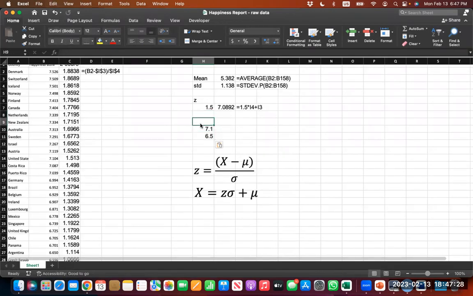So we have here a happiness score of 7.1 and 6.5, and we want to calculate now our Z score.